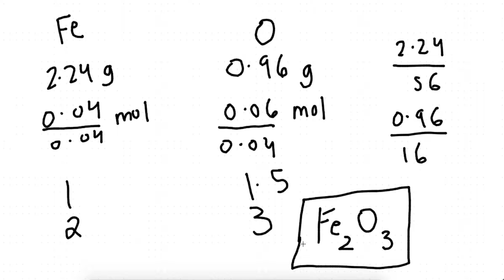There are also some questions for empirical formula where they give you a percentage. They don't give you the mass, they give you the percentage, but don't worry, it works almost the same way. So when you have a percentage, guys, let me give you some elements, X and Y, for example.